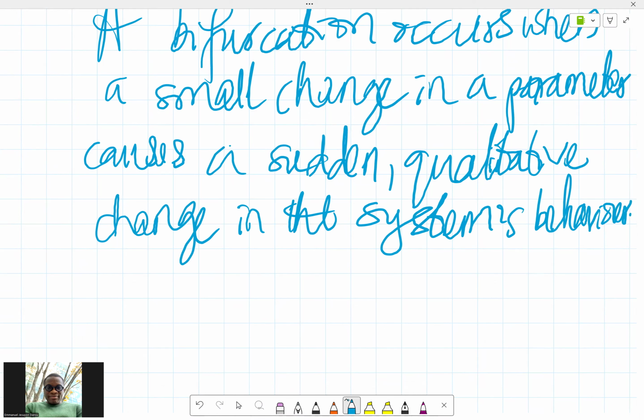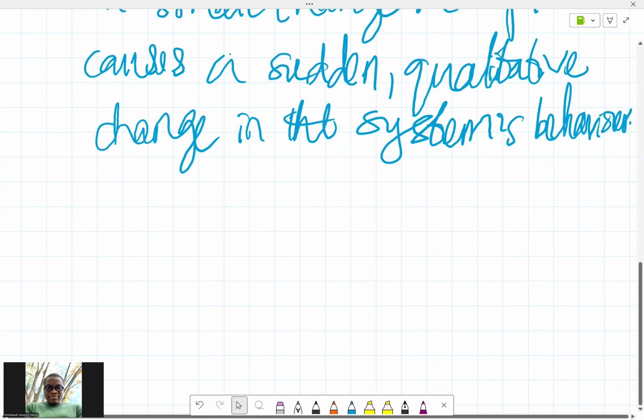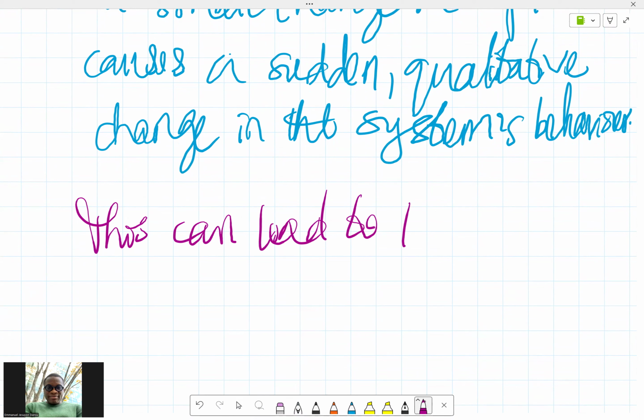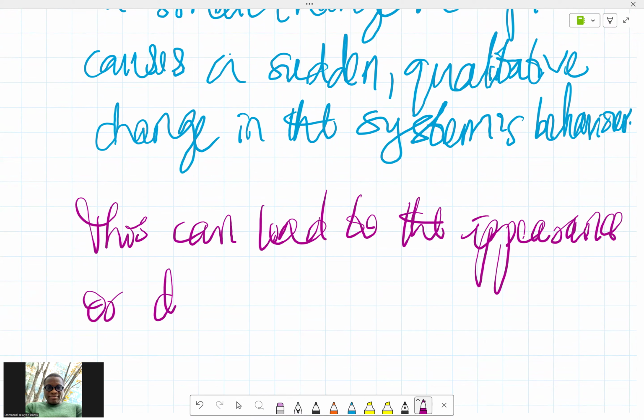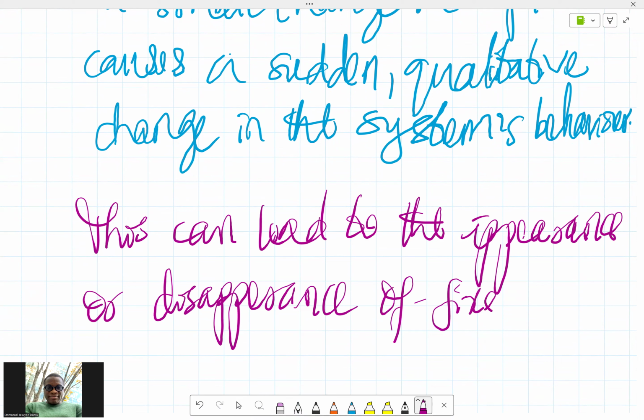Okay. So this can lead to the appearance or disappearance of fixed points when you perturb the system.